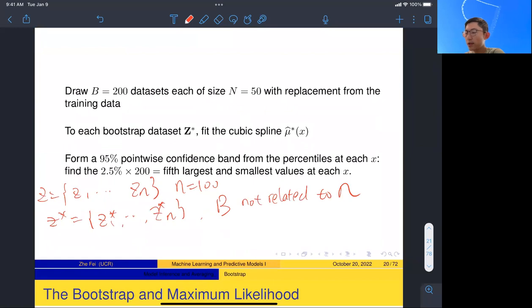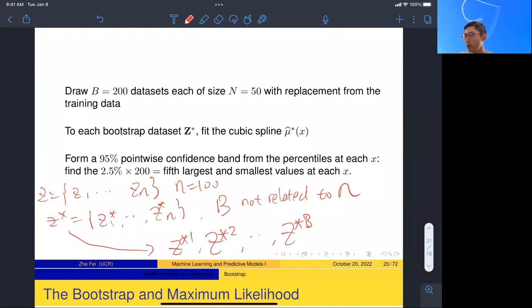So you could have B that's much larger than n. And B refers to this Z star 1. For this whole bootstrap data set, we want to repeat this procedure so that we have Z star 1 all the way through Z star B.